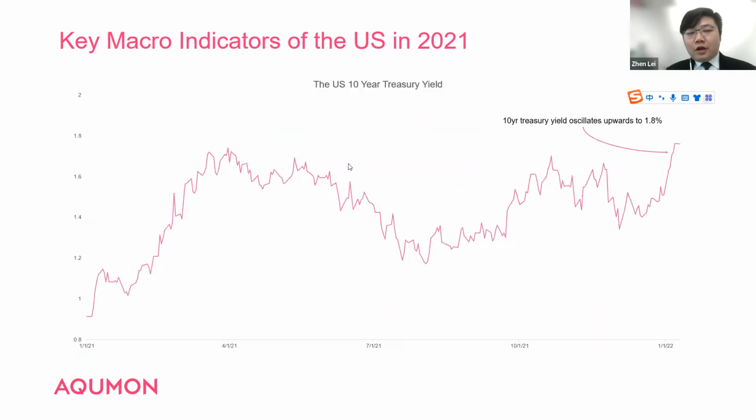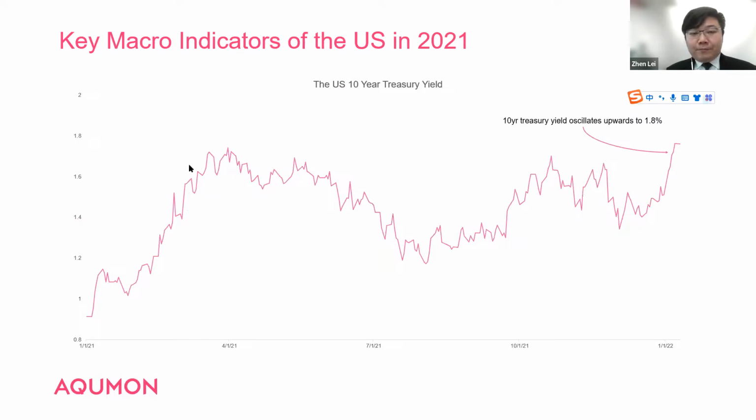Because of those policies, we can see that there was quite a dramatic movement of the US 10-year Treasury yield. In the first few months of 2021, the market feared the high inflation that was going on.